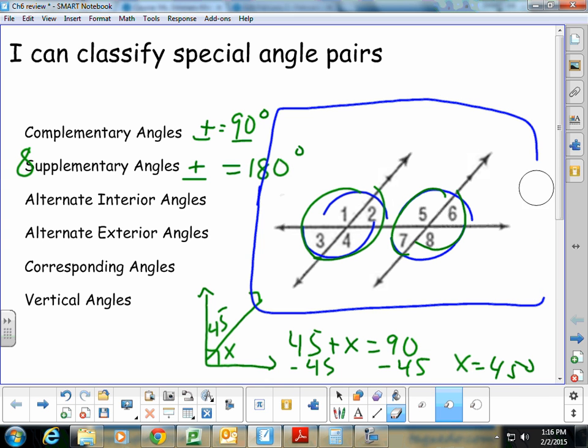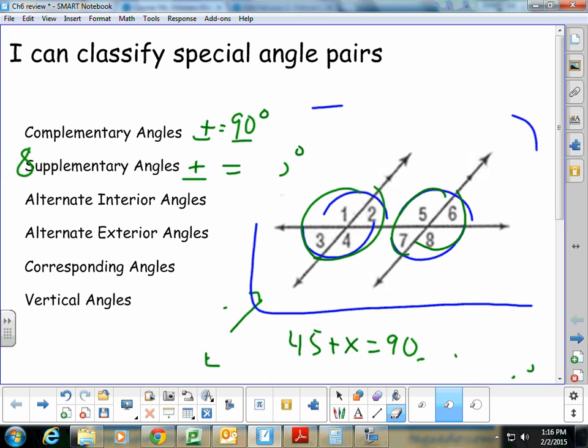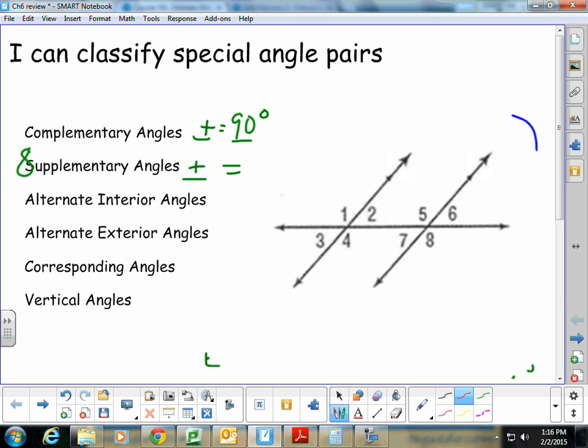They're the ones that add to 180 degrees. You still want to write that the sum is 180 degrees, but then you could write some examples down as well, like angle 1 and angle 2, etc.